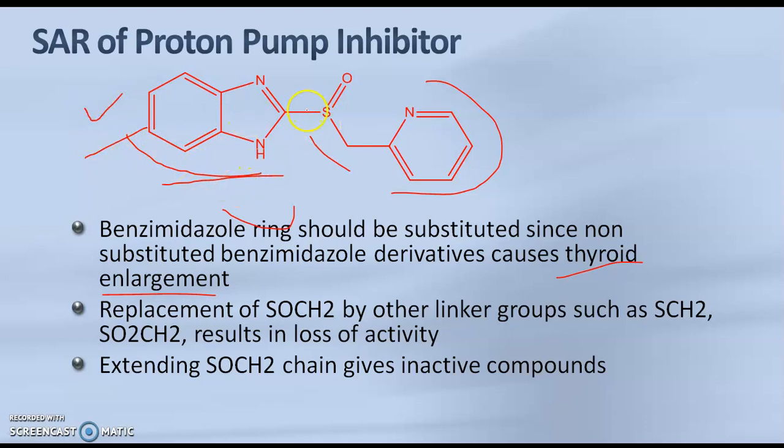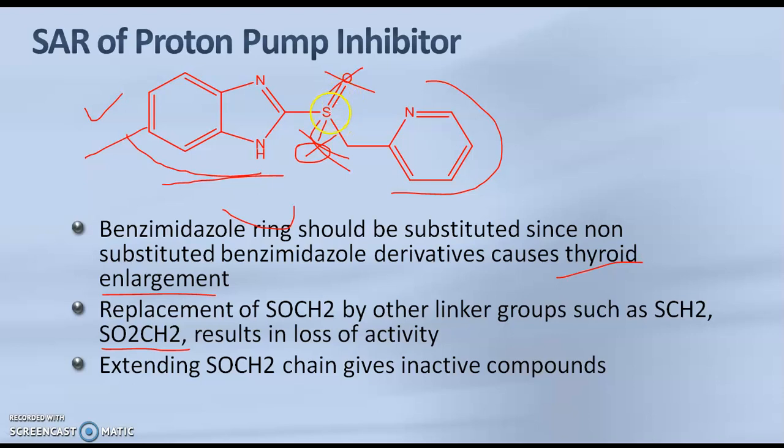Now the second point, about this sulfonyl-methylene. People tried to replace the sulfonyl-methylene with different kinds of groups. They tried to convert SOCH2 to SO2CH2, here you can see the SO2CH2. They also tried to remove both oxygens, SCH2. But whatever they attempted resulted in loss of activity.